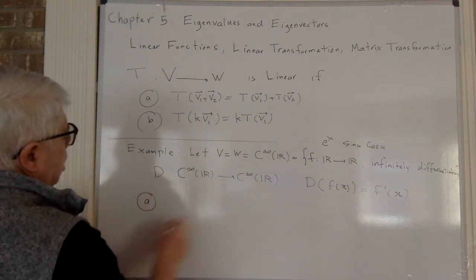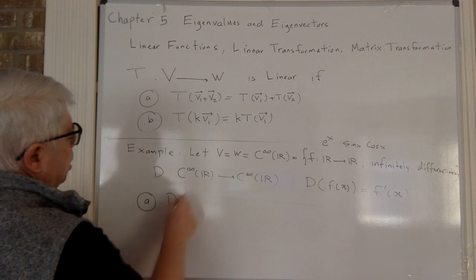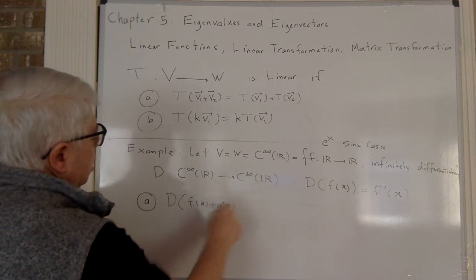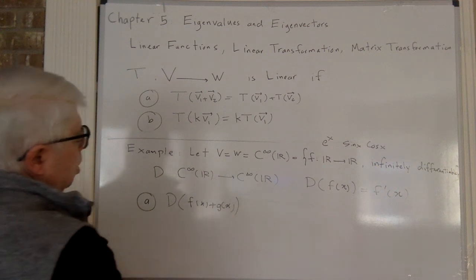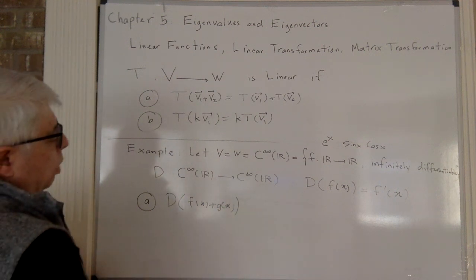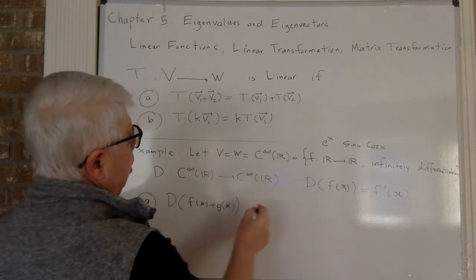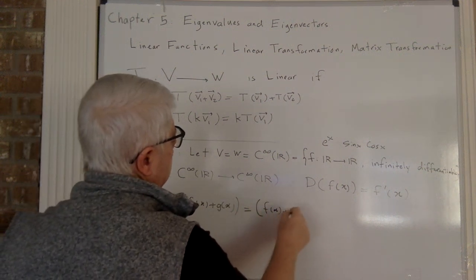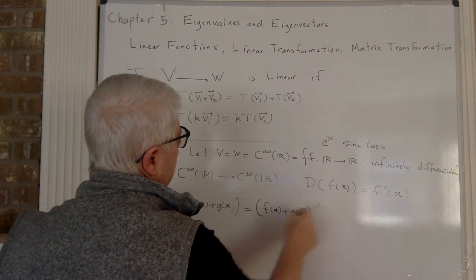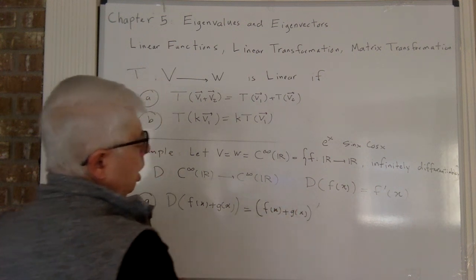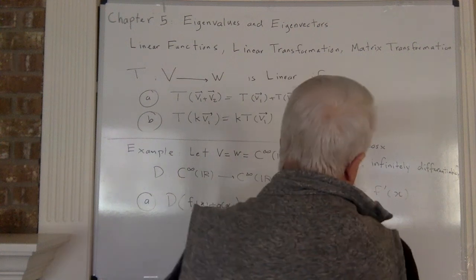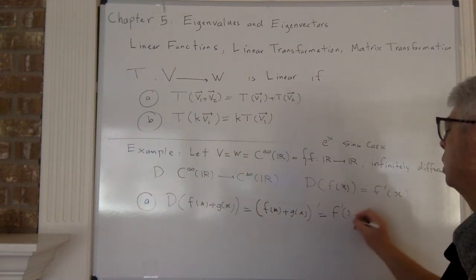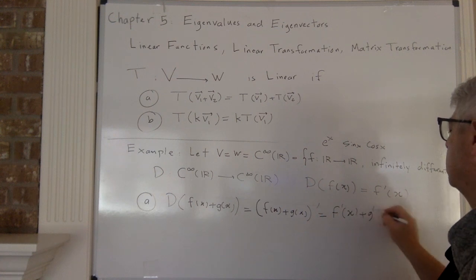A. So if I have two functions, d of f(x) plus g(x), well, I know from Calc 1, let's write it back. So this is in fact (f(x) plus g(x)) prime, right? And from Calc 1 we know that the prime distributes over this, so this is f prime x plus g prime x.